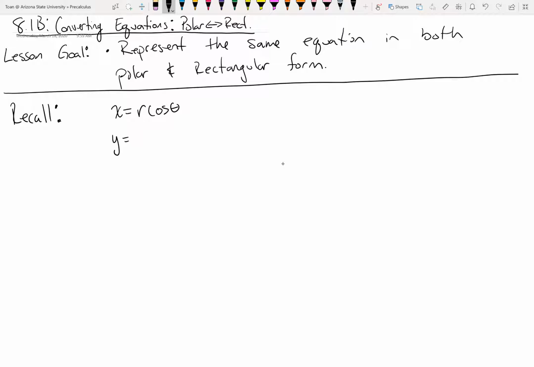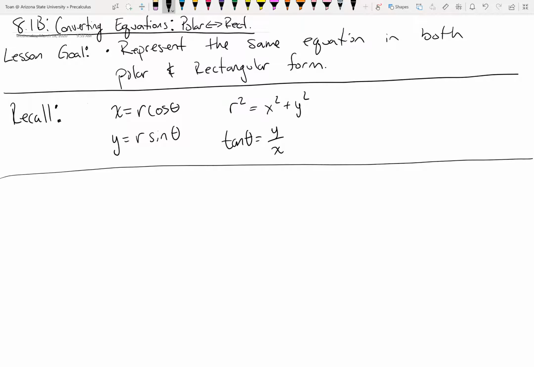The y-coordinate is equal to the radius times the sine of the angle. On the other side of the coin, the relationship that connects the radius with x and y is Pythagoras' theorem: r squared equals x squared plus y squared. And it connects to the angle through tangent. Specifically, tangent theta is y over x. It's through these relationships, these bridges, that we can go to and from the various forms.